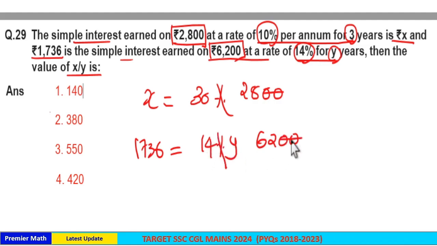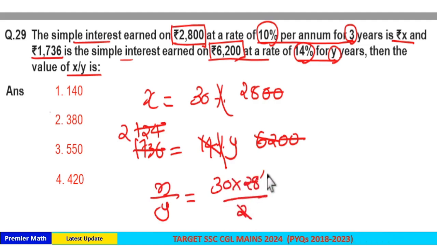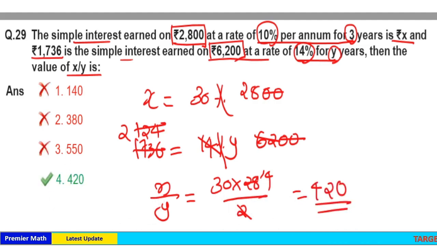Here percentage and 00 cancel. 14 goes 1 time in 17, 2 times in 28 and 4 times in 56. 62 goes 2 times in 124. So y is equal to 2 years. Now the x by y ratio is equal to 30 into 28 divided by 2. 2 goes 14 times in 28. Now 14 into 3 is 42. So 420 is the ratio of x by y. Option 4 is your answer.